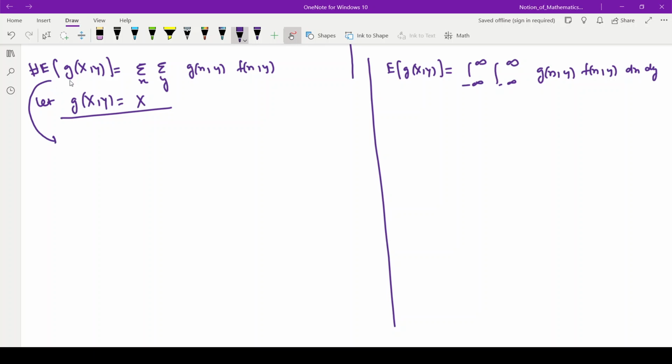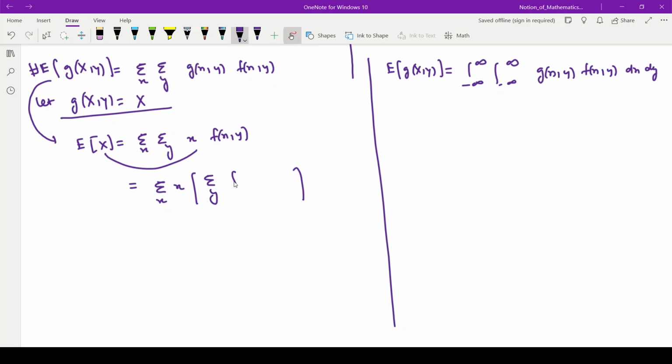So how will this be incorporated? Expectation of X is summation over x, summation over y, of small x into the associated joint probability mass function. I can write it as summation over x of x and then inside the bracket summation over y of f(x,y).